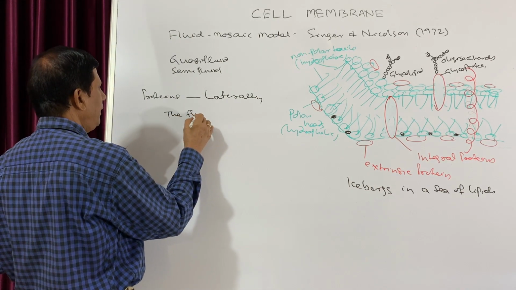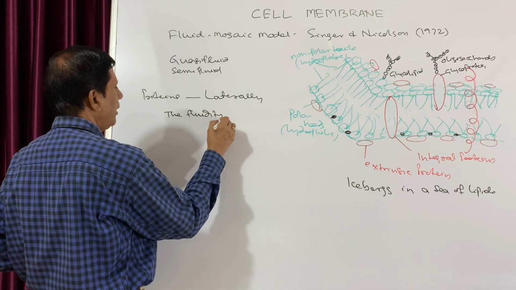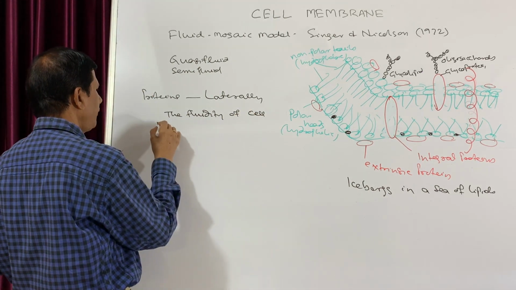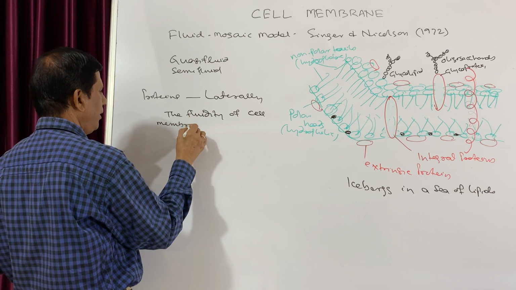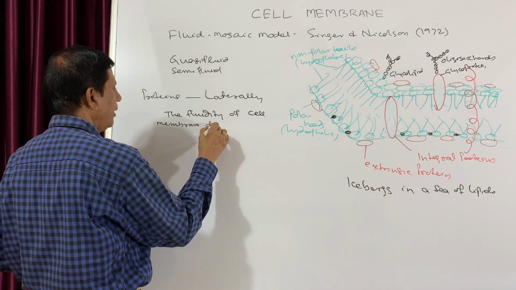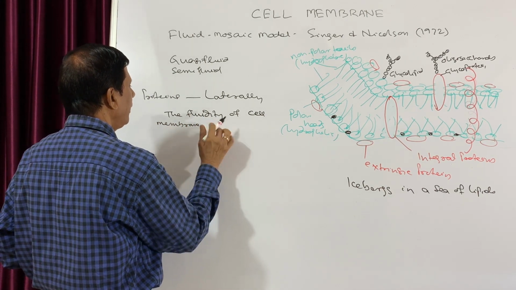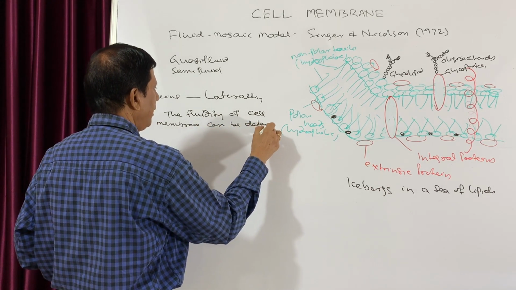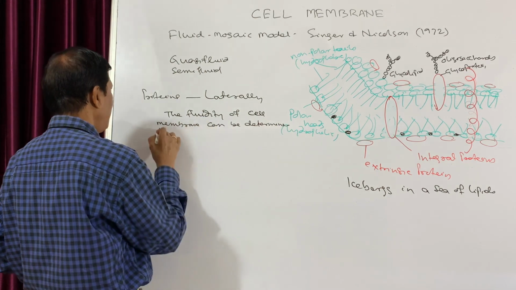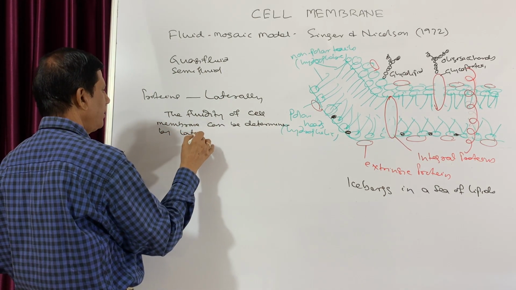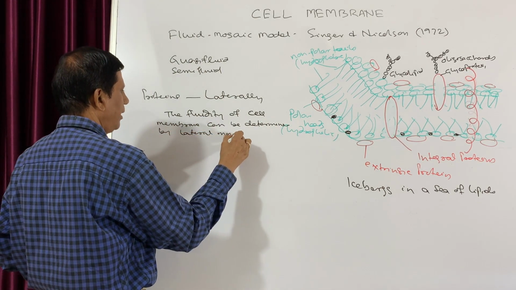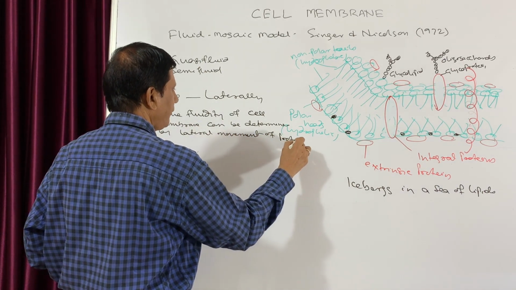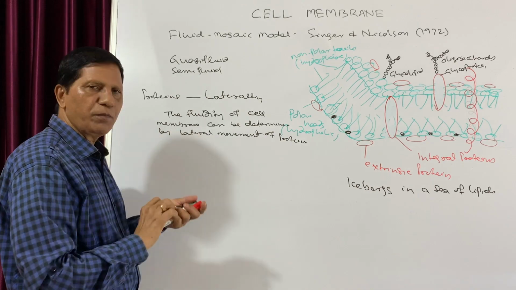The fluidity of the cell membrane can be determined by lateral movement of proteins. So this is how the proteins move.